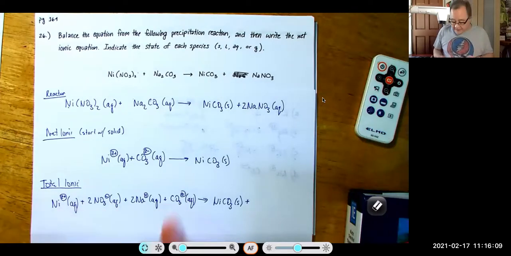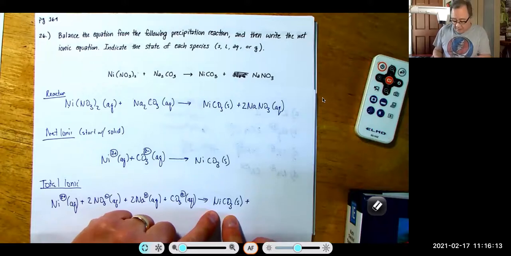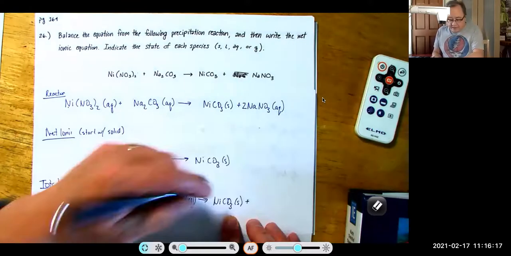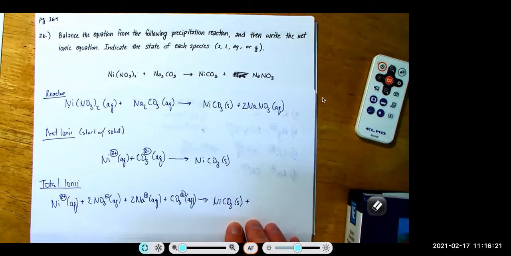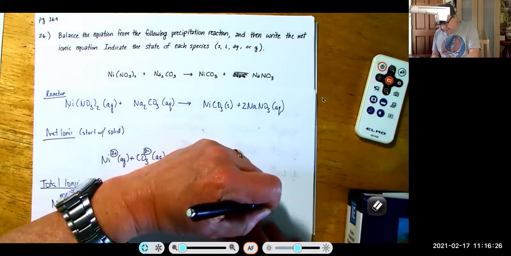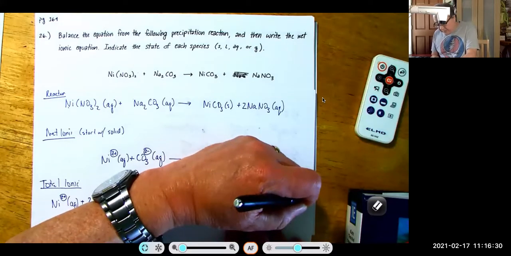They're not bonded together. Here, they're not free floating in solution. They are bonded together. And then what am I going to do for the 2NaNO3? Well, they're still in ionic form. So I'm going to write 2Na plus aqueous plus 2NO3 minus aqueous.